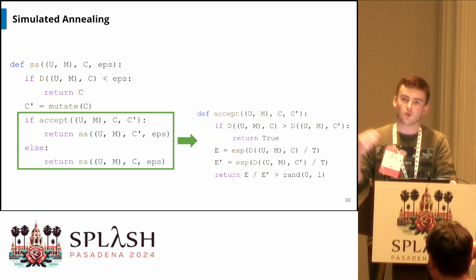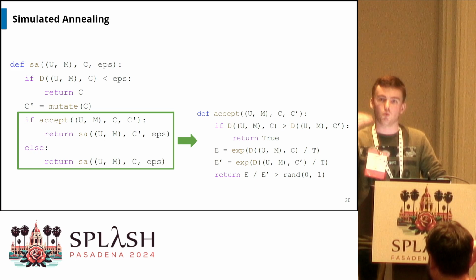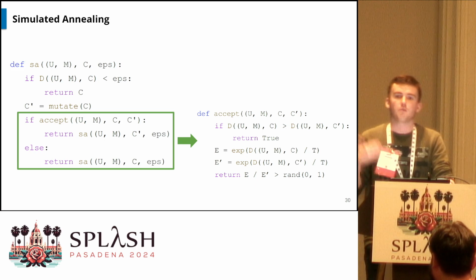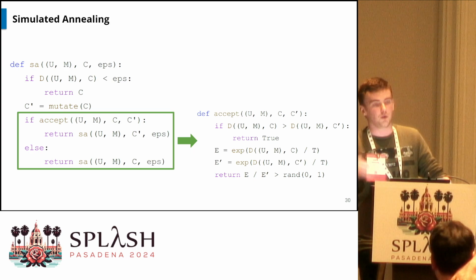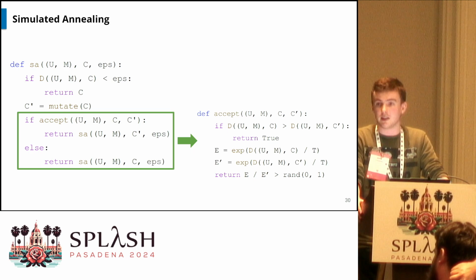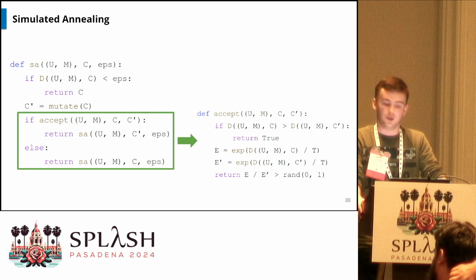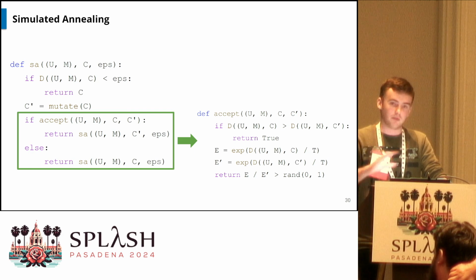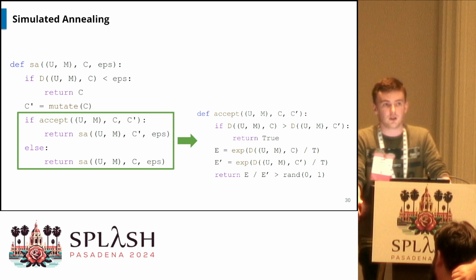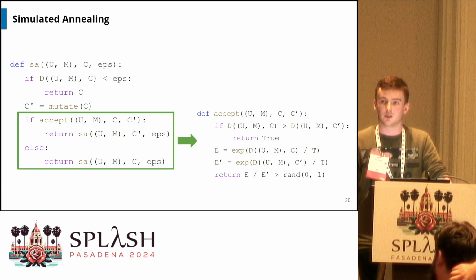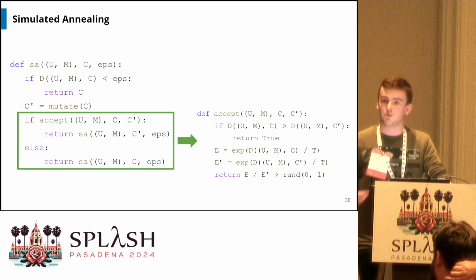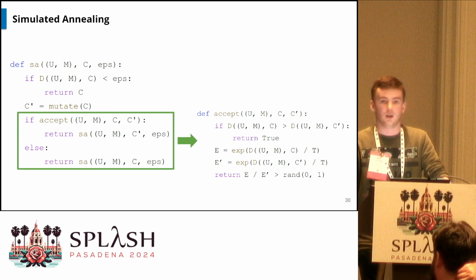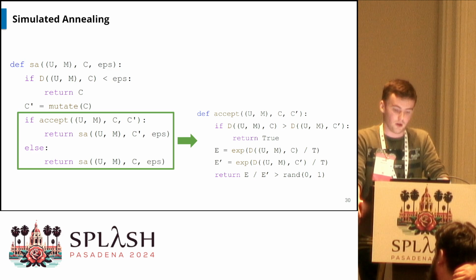But you also want to accept it if it's only slightly worse than your original circuit, because you want to get rid of the local minima that you can get stuck in, and that's why you also want to get out of there. What makes simulated annealing very applicable in this situation is that it's very parallelizable, so it's very scalable to more qubits or more gates.